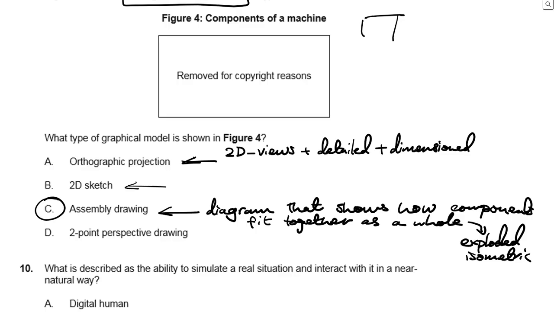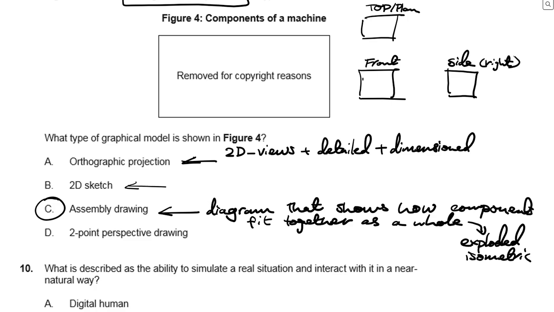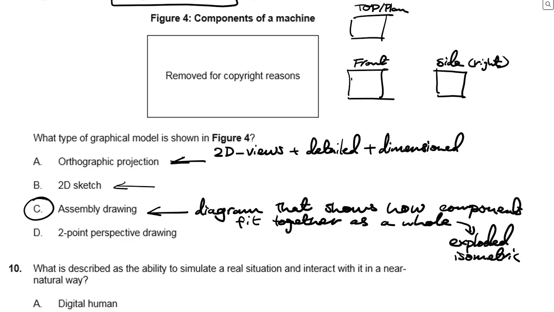We have usually something like this, and then this, and this. This is maybe our top plan view. We have our front, and we have our side, and we can say right or left. So 2D views, detailed dimensions, to support manufacture.